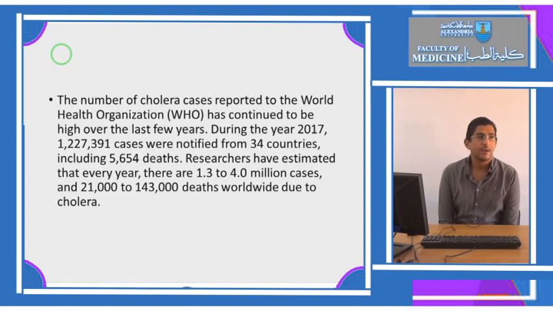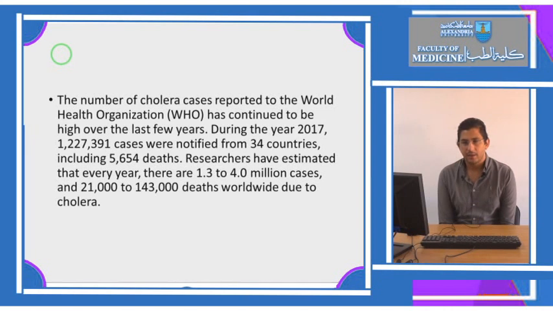Firstly, as an epidemiological overview, we have the number of cholera cases reported by the WHO in the last few years. During 2017, 1,200,000 cases were notified from 34 countries. It was present as a pandemic or an epidemic in the 1950s, in the middle of the last century.